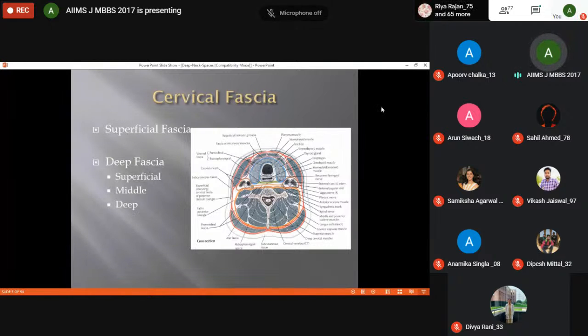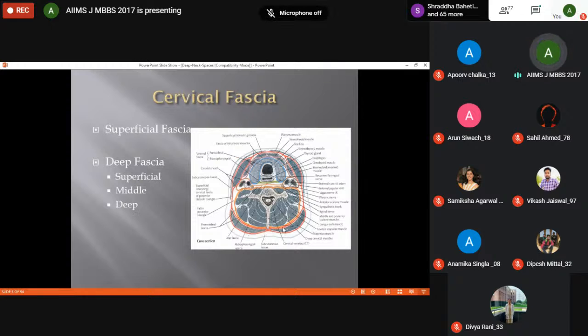Then comes the deep fascia. Deep fascia can be categorized into three parts: superficial, middle and deep. In the superficial layer there is the sternocleidomastoid muscle, then the strap muscles, the omohyoid muscles, sternocleidomastoid on both sides, and then the trapezius muscles at the back.